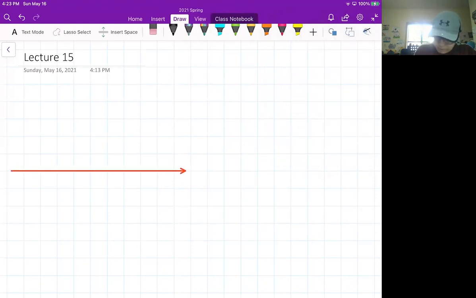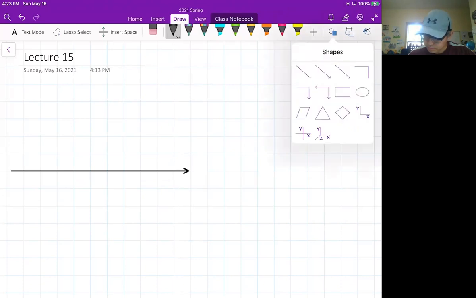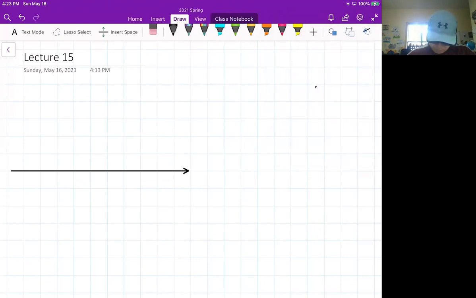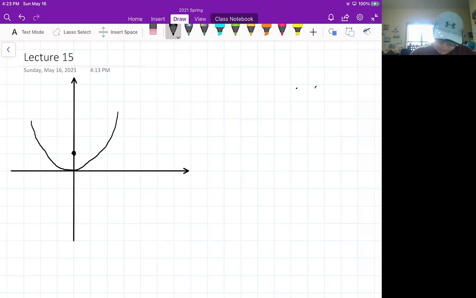And then last time we had the parabola. So let's say the parabola may be something like that, like this. And this is the focus.